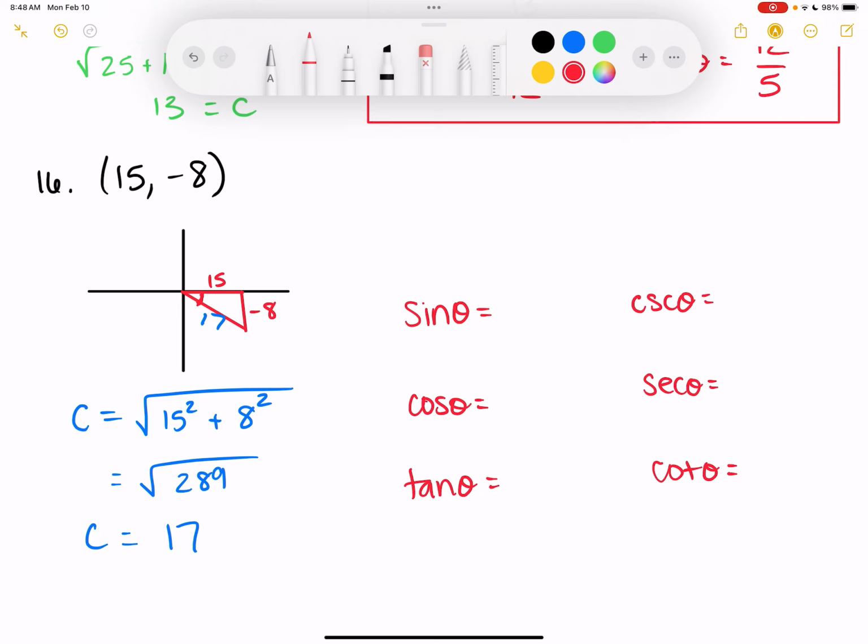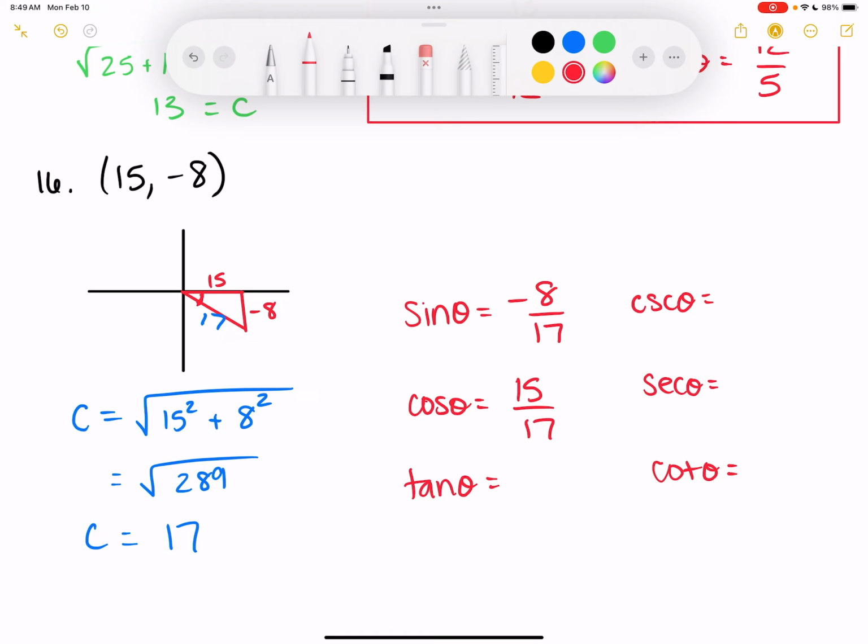All right, so what would sine be for this one? Opposite over hypotenuse, what would that be? Yep, -8 over 17. What about cosine? 15 over 17. And tangent? -8 over 15.